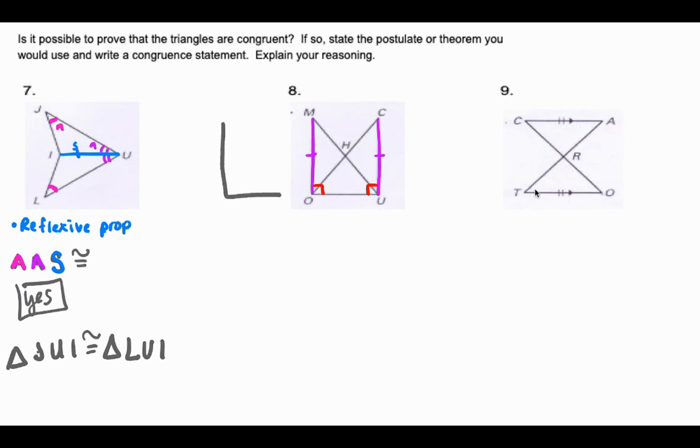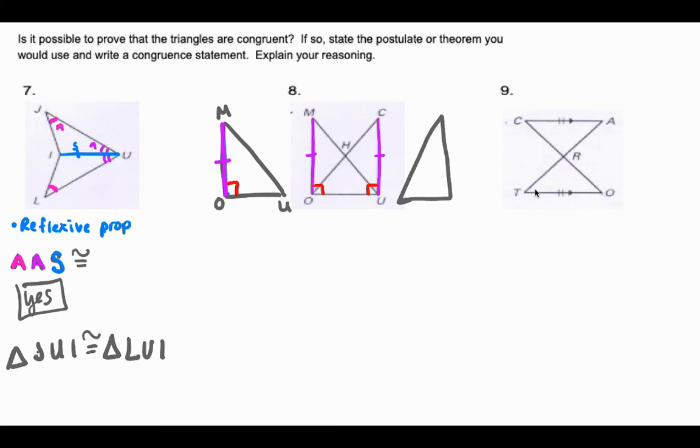So I'm going to pull my information over. So I have the M, I have the O, and the U. So my MO is my single marked side, and my right angle is at O. And then my other triangle, I pull it over to the other side.